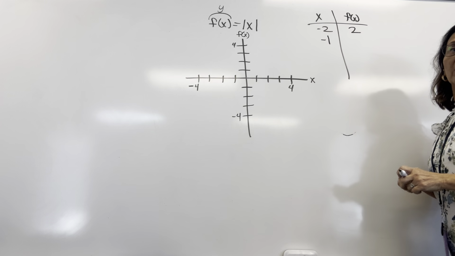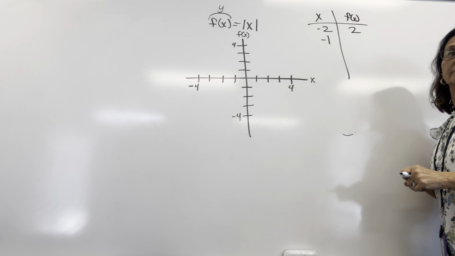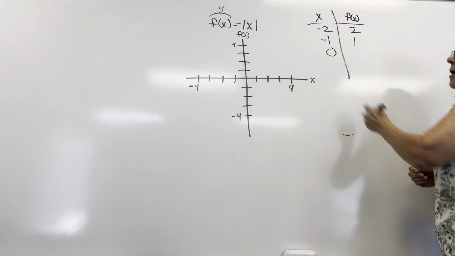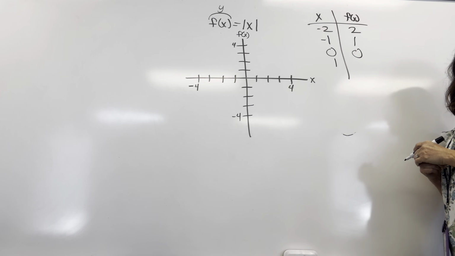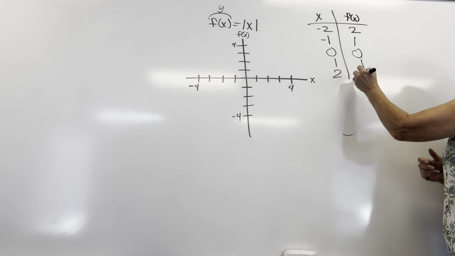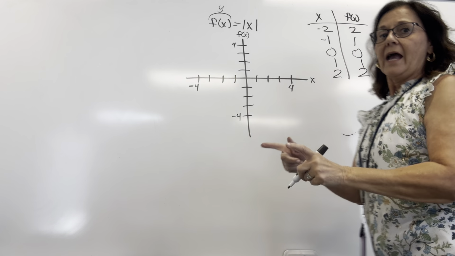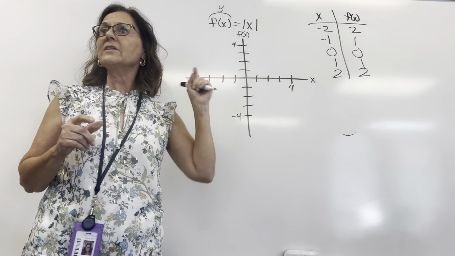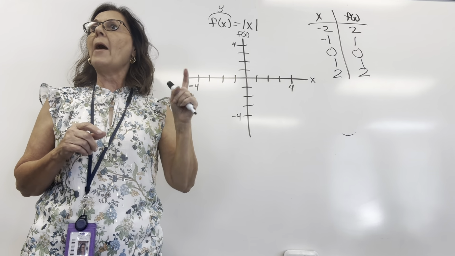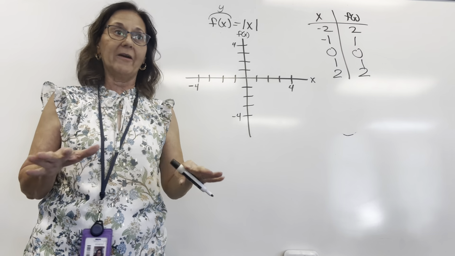When x is negative 1, what's y? When x is 0, what's y? When x is 1, what's y? When x is 2, y is? Okay, so no matter what I put in for x, y is always positive in the parent function.